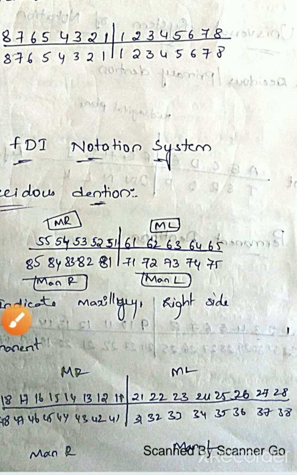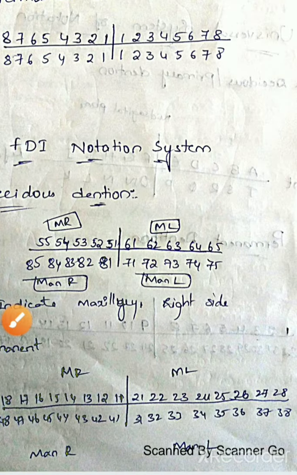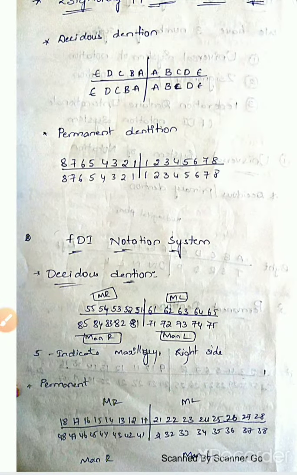So 5-1 means maxillary right incisor, 6-1 means maxillary left incisor, 7-5 means mandibular left second deciduous molar. So it is very easy to communicate, easy to understand and easy to remember. So 5 indicates maxillary, and we should remember 5 to 8 represent deciduous, 1 to 4 permanent.